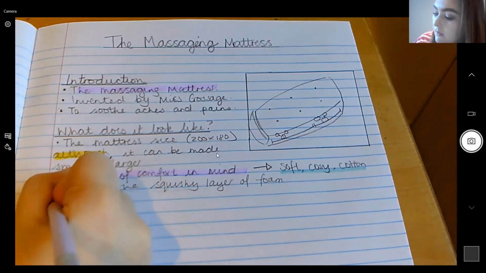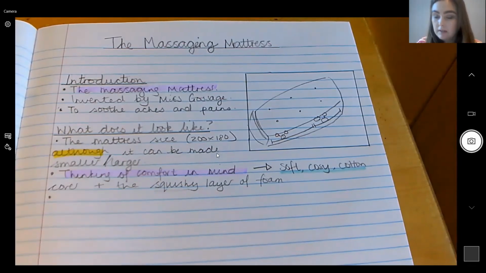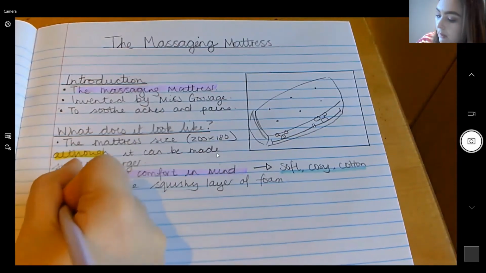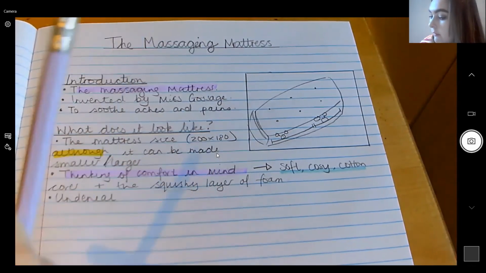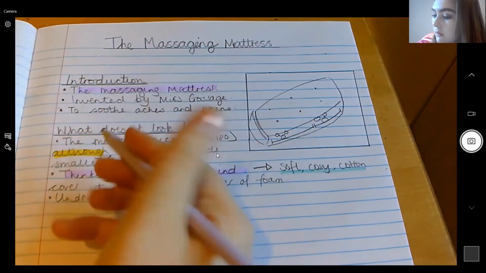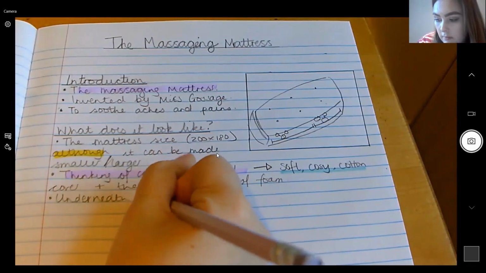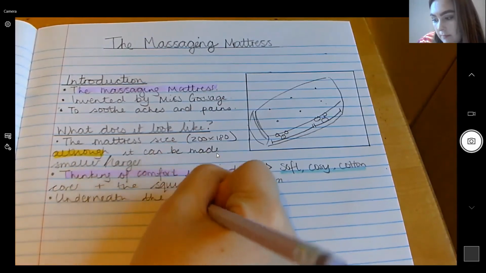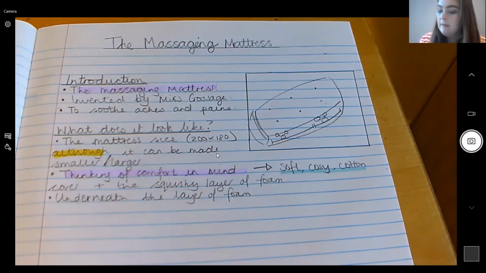Then I'm going to think of another sentence starter, and I'm going to talk about the where sentence starter. So I'm going to write underneath. Oops, sorry, I wrote under wrong. Underneath the layer of foam. And there you go.